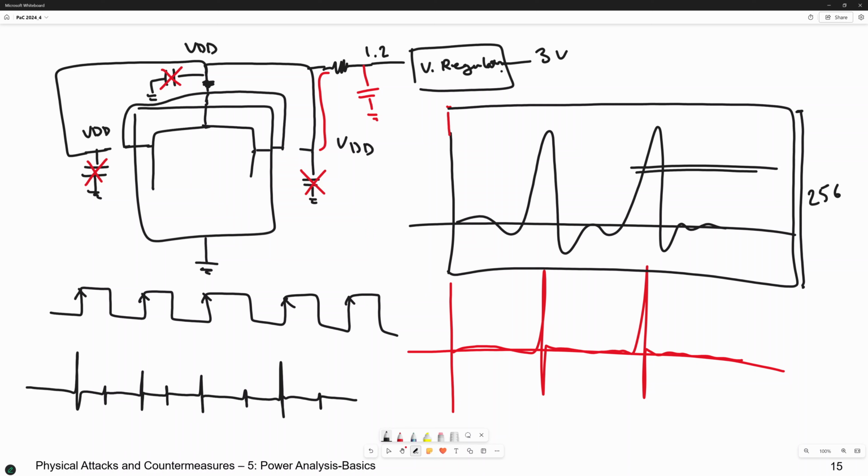Now you see these are small ones. Why do we have some form of power consumption at the negative edge of the clock when the state of the circuit does not change? There are two reasons for that.